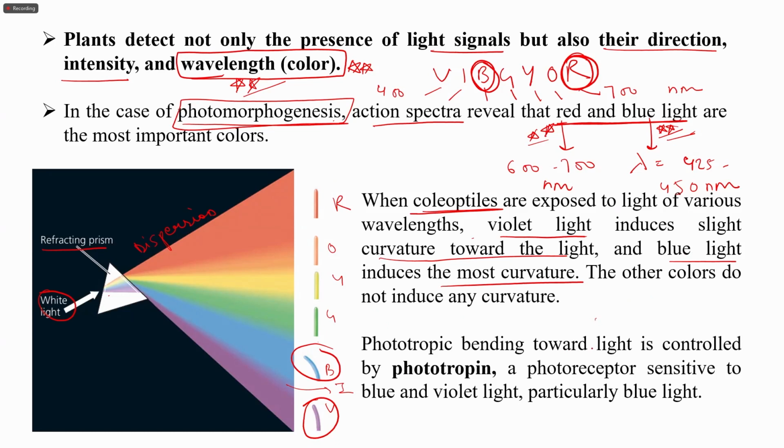This phototropic bending towards the light is controlled by phototropin, a photoreceptor sensitive to blue and violet light, particularly blue light. In blue light there is more curvature, in violet there is still a slight curvature, and in the remaining colors there is no curvature.